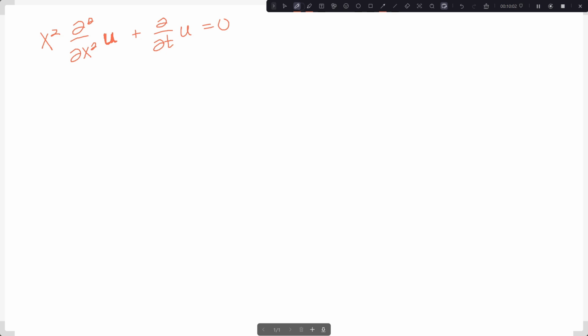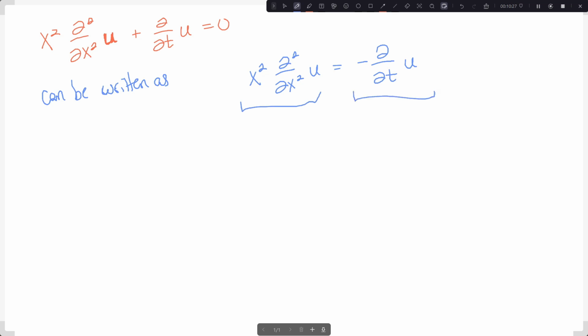But this can definitely be written as x squared partial x squared u equals negative partial t u. And so we have all functions of x on the left, all functions of t on the right, except for u itself.